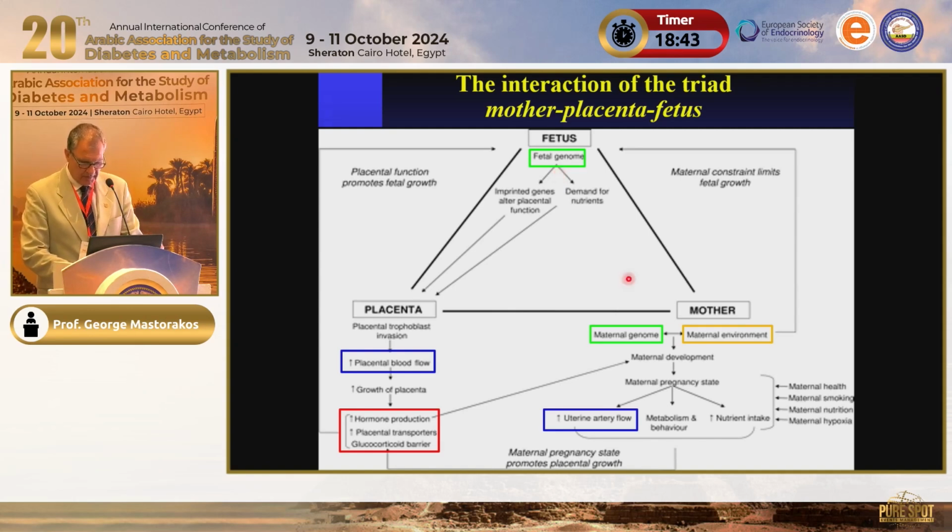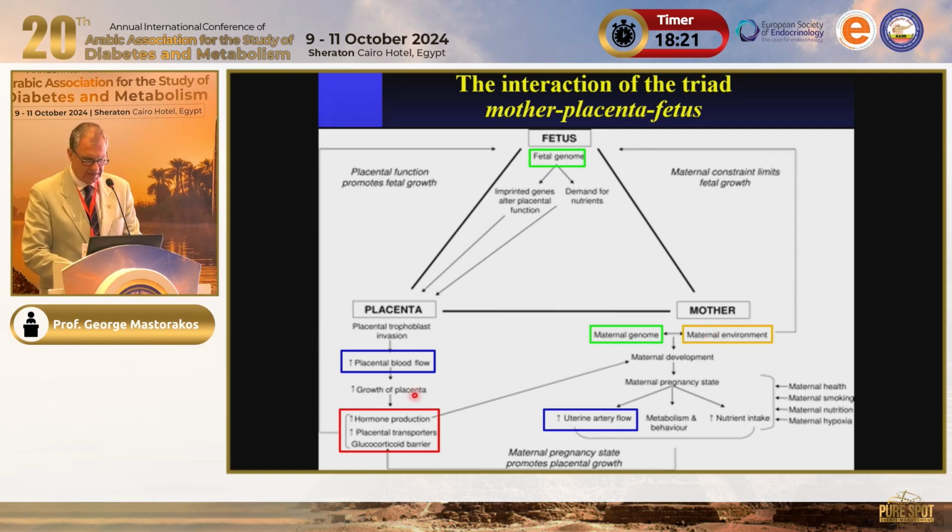We have the mother, with the maternal genome, and of course the maternal environment, which is represented both by the internal and external environment, because regarding the fetus, the mother represents the interface between the fetus and the external environment.